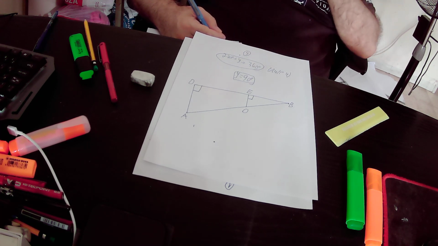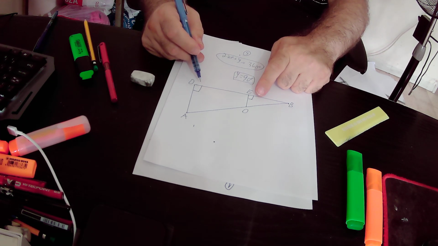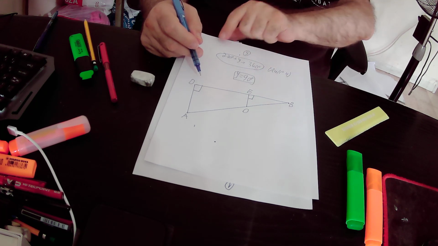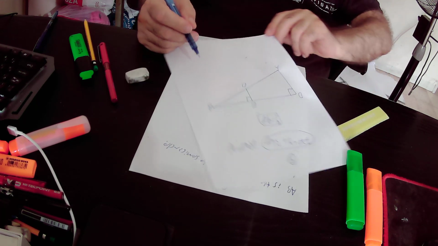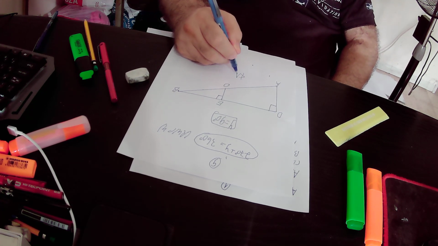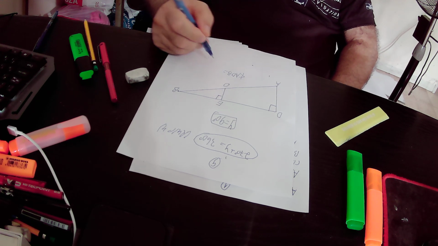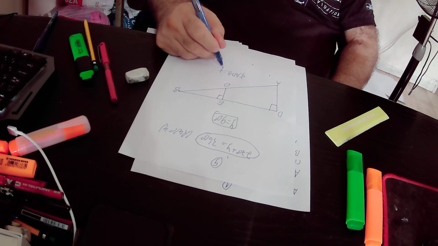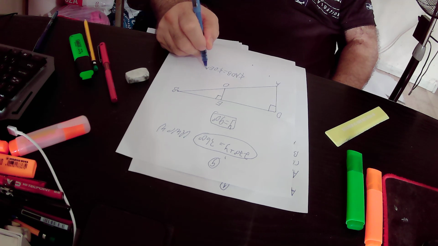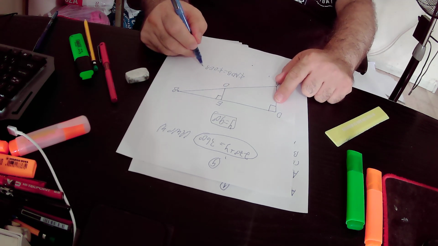So here those two angles are equal to each other, those two angles are right angles, therefore they are equal to each other. So angle ADB in the big triangle is equal to angle OEB in the small triangle, and both those two angles are equal to 90 degrees in their sizes.